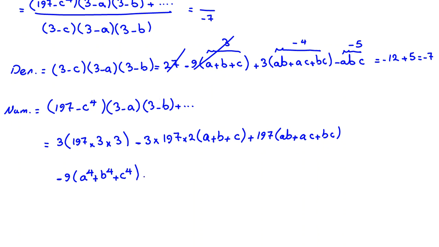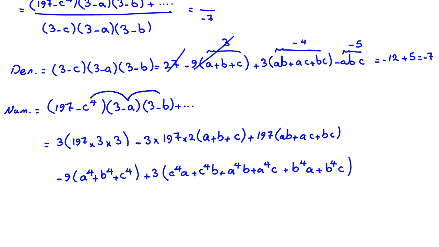So it will be 3 plus 3 c^4 a, c^4 b. Also, if you write other terms, you will see, for example, a^4 b, a^4 c. Then you can write for other terms b^4 a plus b^4 c. And then the last part, negative c^4, negative a, negative b. It will be negative abc^4.